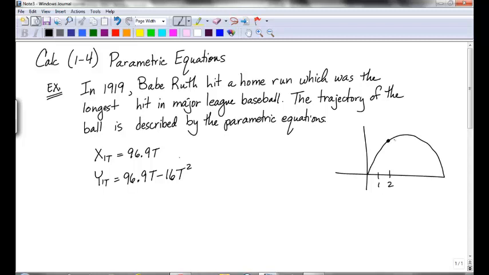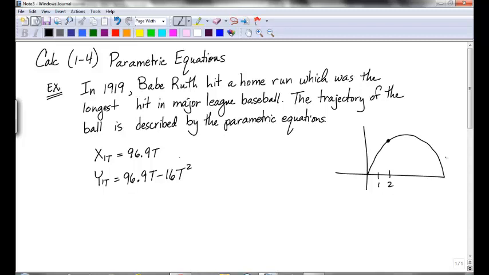Or you could say at a certain distance out. In function mode, you'd be doing distance out. If you said after 2 yards out, how high is the ball? After 3 yards out, how high is the ball?